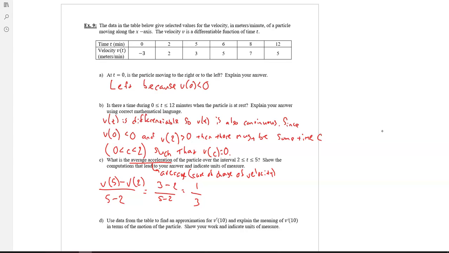All right, how about Sion? How about you for the average acceleration? What would you say? What would be the units for the velocity here? Any ideas?